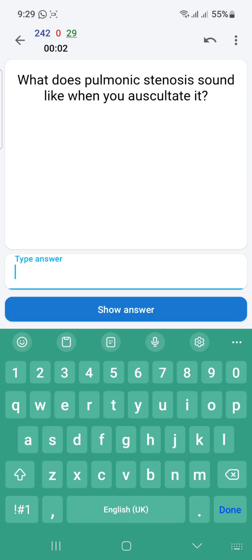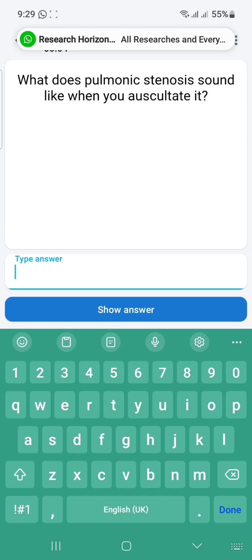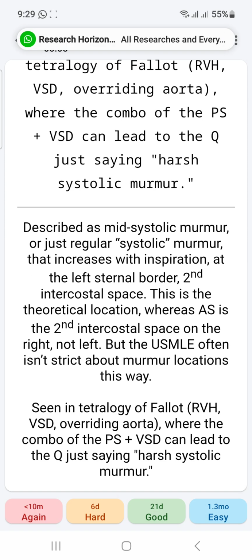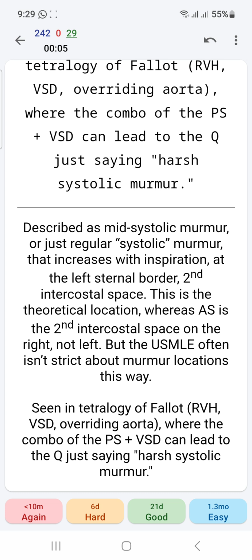What does pulmonic stenosis sound like when you auscultate it? It is described as a mid-systolic murmur, or just a regular systolic murmur, that increases with inspiration at the left sternal border, second intercostal space. This is the theoretical location, whereas aortic stenosis is at the second intercostal space on the right, not the left.